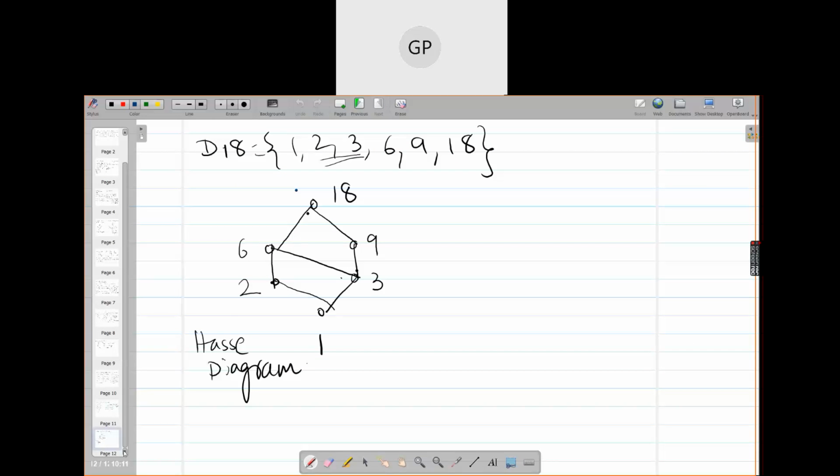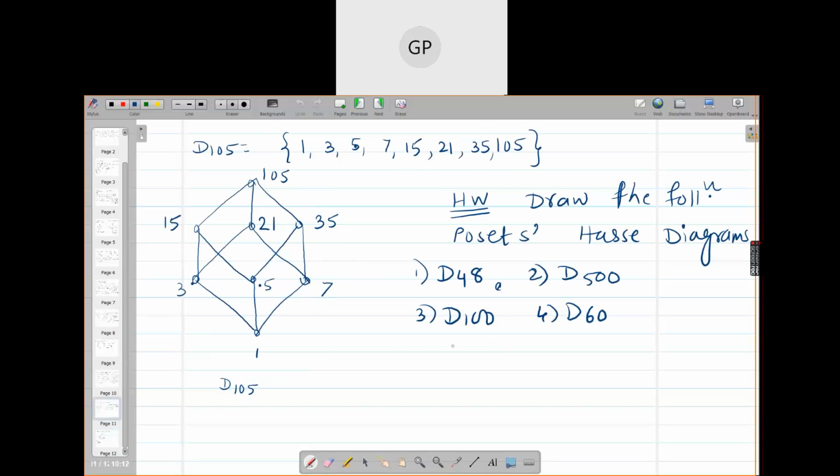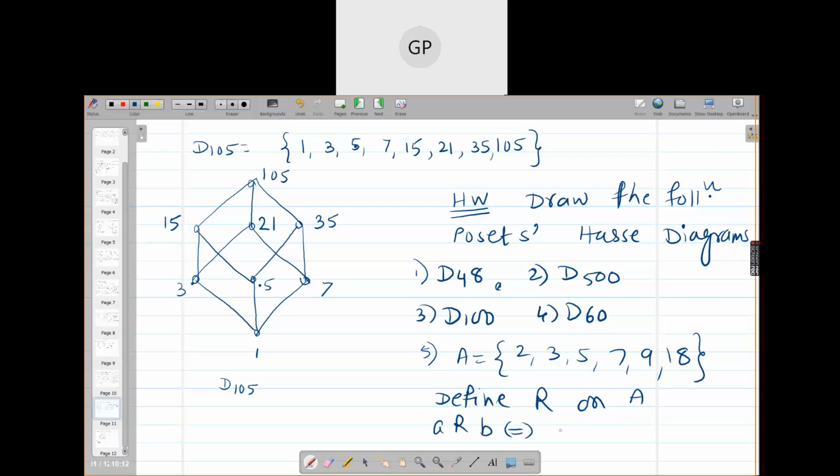Okay, and one more I'm giving you as an example. I am giving a set. Okay, so such elements can be given to you. It is not necessary that 1 must be there, but in every D set, 1 will be there, and the number itself, because you are collecting all the divisors of that number, so 1 should always be there.